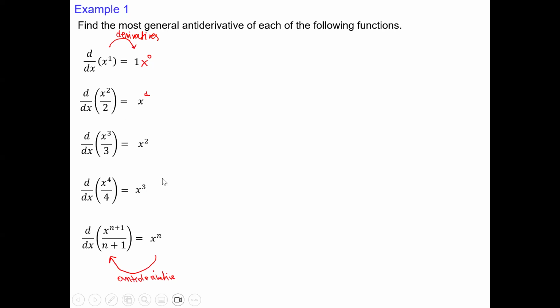Now, having x to the power of n, we will have x to the power of n plus 1 over n plus 1. That means this is the first important formula. We can even say it's a power rule for integration.